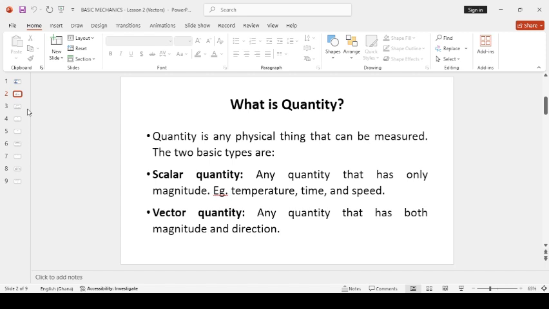For the vector quantity, we can measure the magnitude, that is to say the volume or the amount of that particular quantity, and we can also know the direction in which the quantity we are measuring is taking. That is what makes the vector quantity different from the scalar quantity.